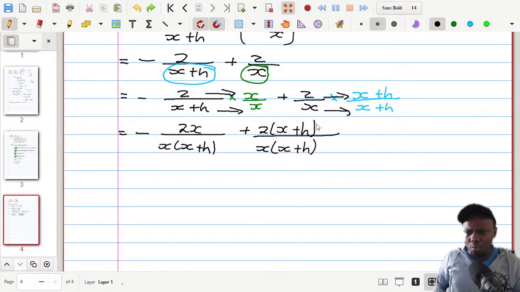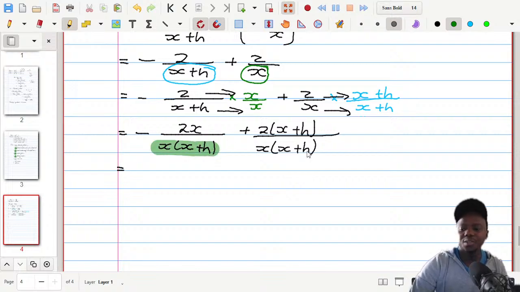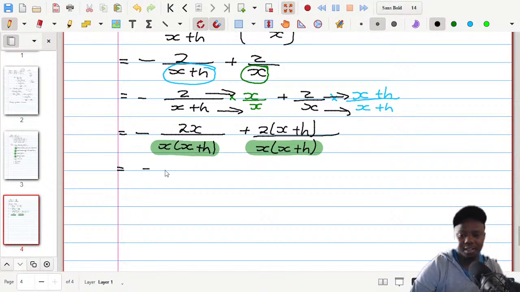Now coming back to what you were thinking earlier, why am I multiplying by 1? Remember I said when we add or subtract fractions, we want to make sure that the denominators are the same. Now notice our denominators are now the same. We've got x into x plus h, we've got x into x plus h. What we can do is put our numerators under the same denominator. So negative 2x plus 2, let's multiply out the brackets here, 2x plus 2h.